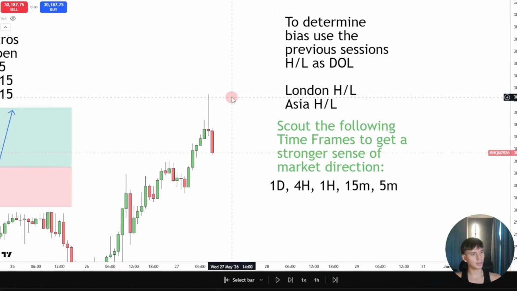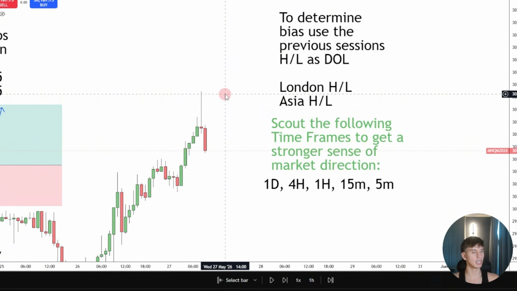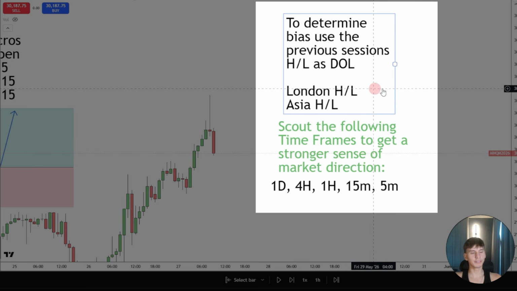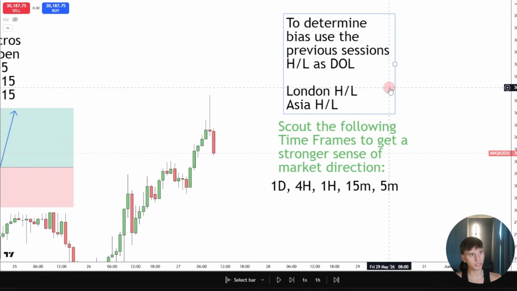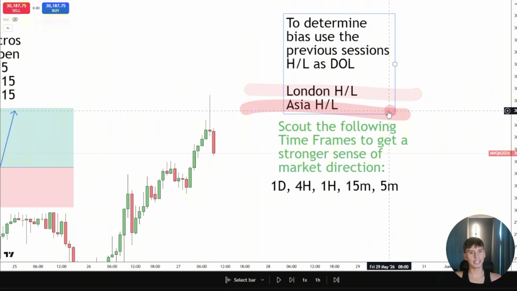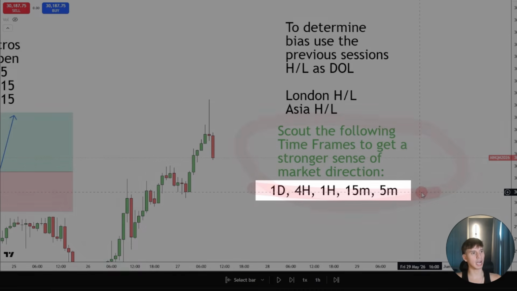To properly determine a bias, you're going to need a lot of time in the market, and you're going to need a lot of discretion. But essentially what I do is use the previous sessions' highs and lows as my draws on liquidity. So it's London high and low and Asia high and low. Also, I like to use the following time frames to scout and determine my bias more accurately.